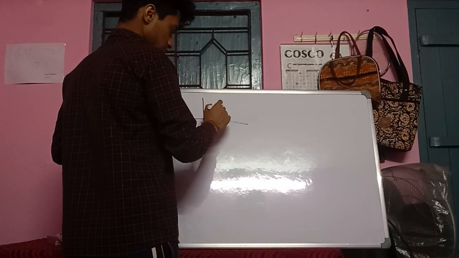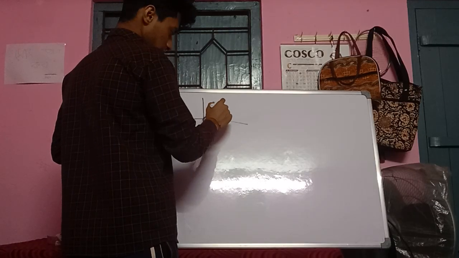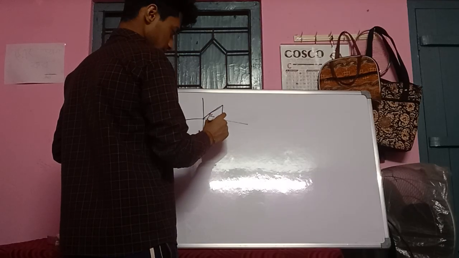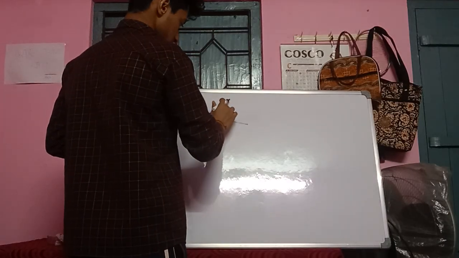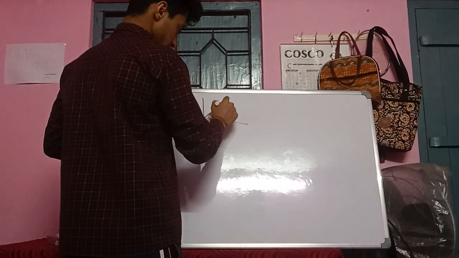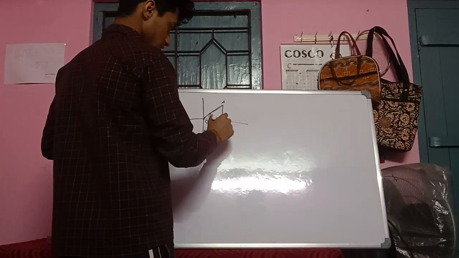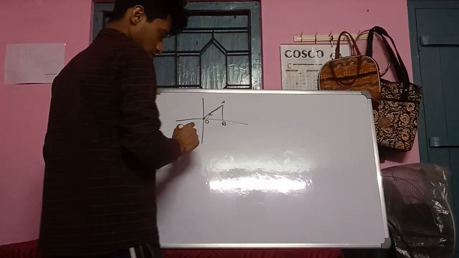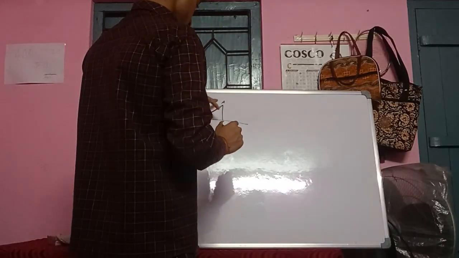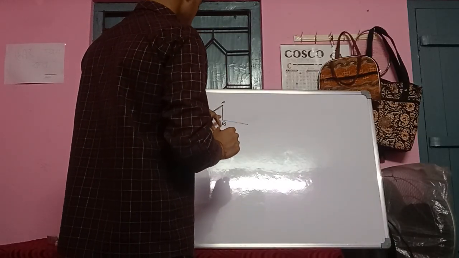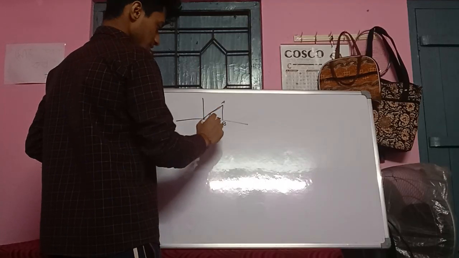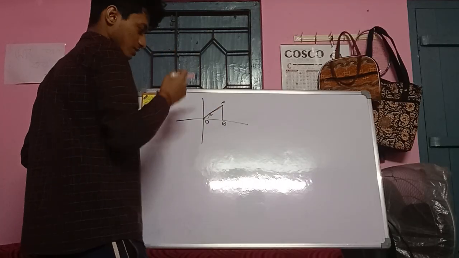Now let's draw a perpendicular from the tip of the vector to the x-axis, and let's call these two points A and B. So we got a right-angled triangle ABO, of which angle ABO is 90 degrees, angle AOB is theta, and angle OAB is 90 minus theta. Okay.